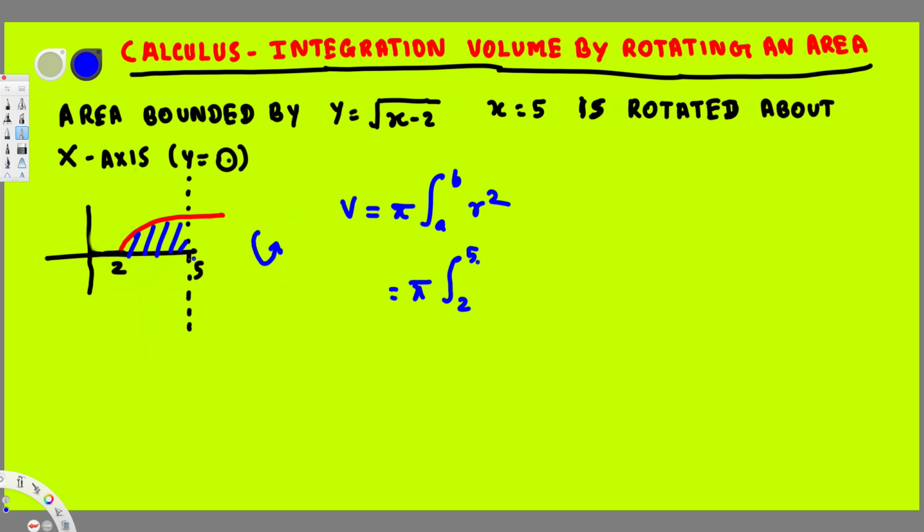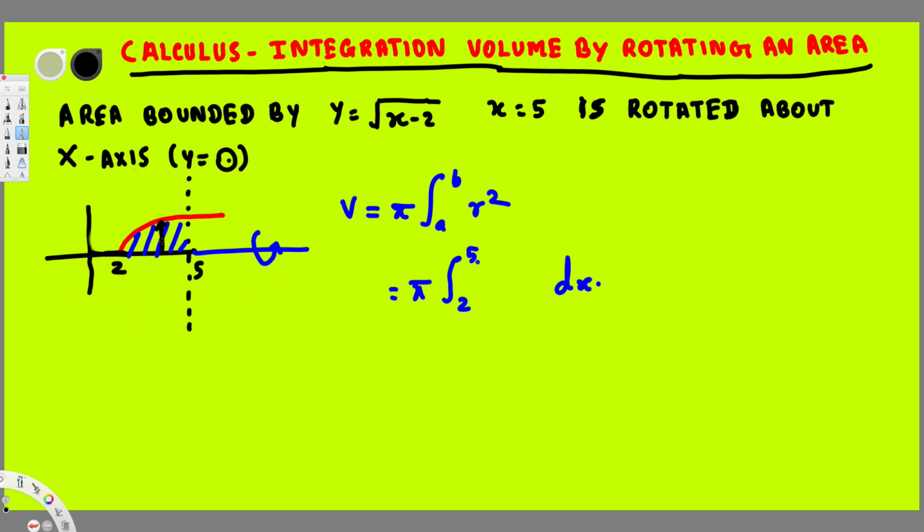And since this is rotating around the x-axis, we also have to write everything in terms of x. So this is going to be dx, and we should put the radius in terms of x. Radius is basically the distance from this rotating region to this curve, and that's going to be the equation of this line.